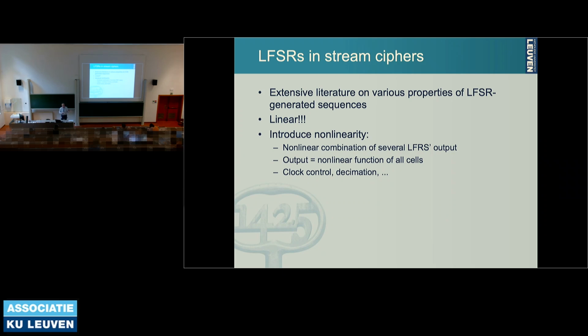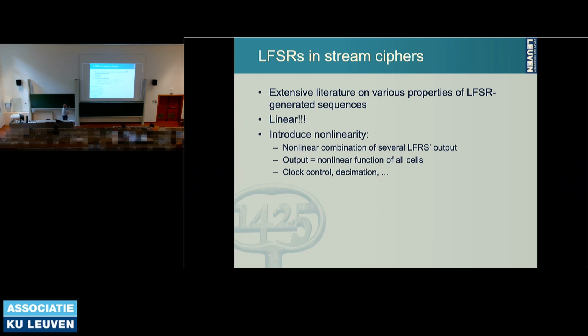One is that instead of just having one linear feedback shift register, you have several, and you take the output from each of them, and then you do something nonlinear with the outputs. Or you put one large linear feedback shift register, and you take several of the state elements and you combine them in a nonlinear way.